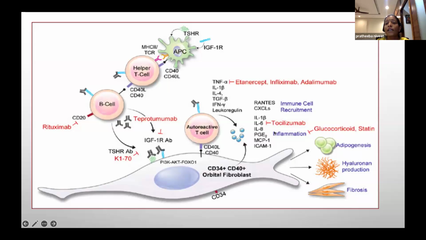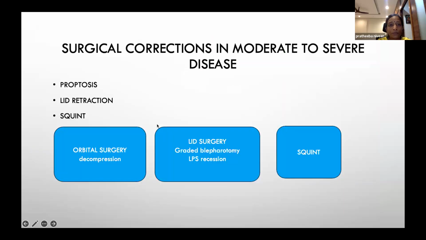The significant ones are for interleukin-6, that is tocilizumab, and the TNF-alpha antibodies etanercept, infliximab and adalimumab. What is available in India is the CD20 antagonist, that is rituximab, and teprotumumab is not available in India. It is very common and profusely used in the West.